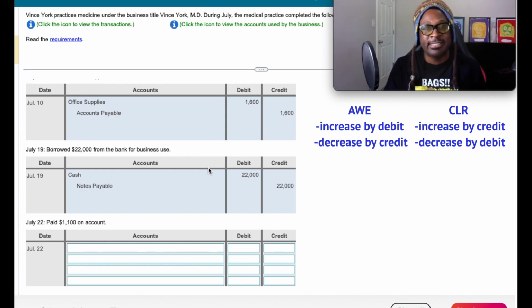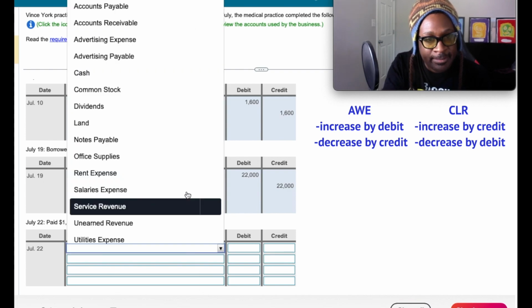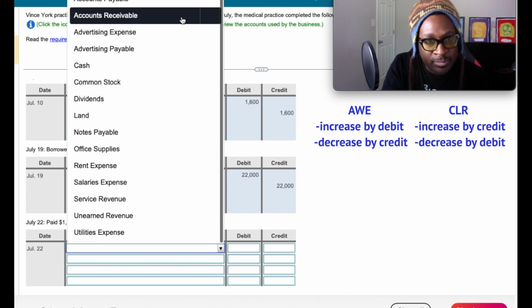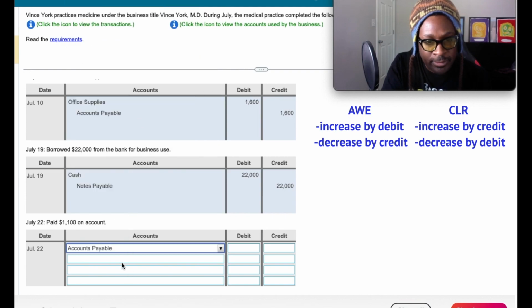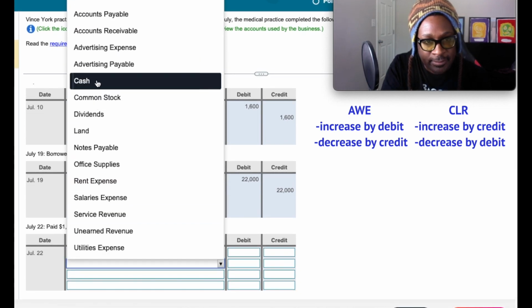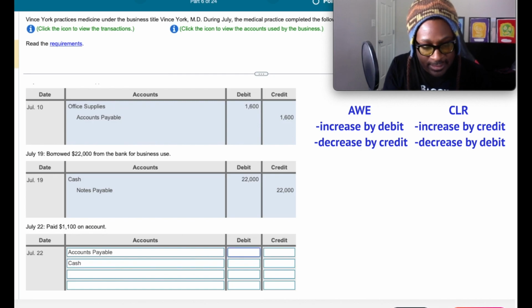And what's happening to this liability in any circumstance in real life, gang? When you pay on your liability, it does what? Goes down. So how do we decrease any account in the clear gain? With a debit. Therefore, we're going to debit accounts payable, and we're going to credit cash for the $1,100.